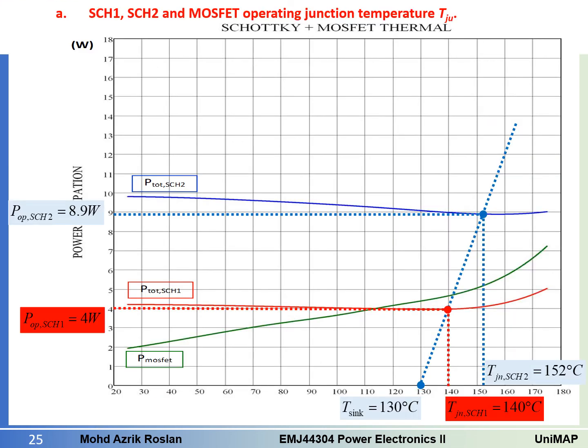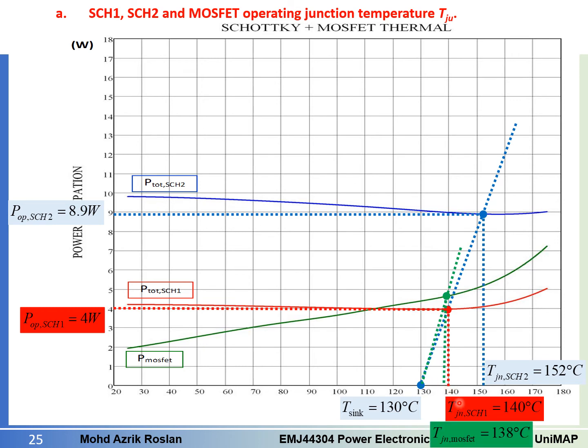So now we increase the temperature by 10, and the power will increase by 5. Remember, this is the point, so we have to draw a straight line from here to this point. Then we draw the line until it crosses the MOSFET curve here, and you will get the temperature at this particular point.